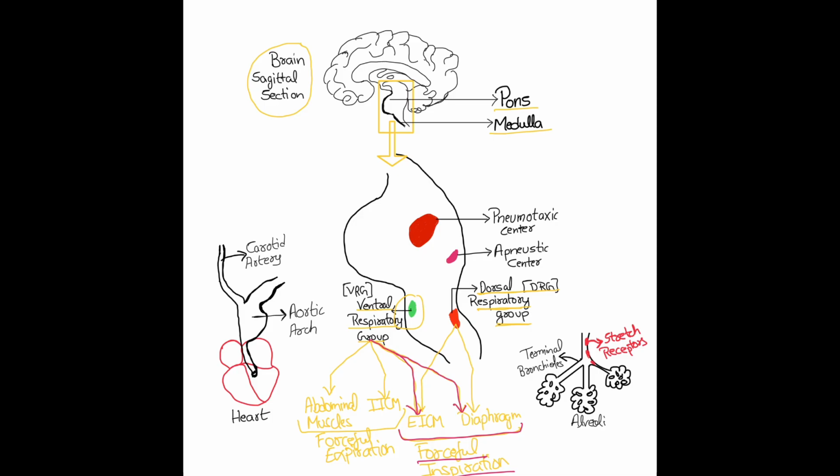Now we are going to talk about the pneumotaxic center. It is a very important center. Why? Because it acts as a stop or switch off point, or you can say it is modulating the DRG.